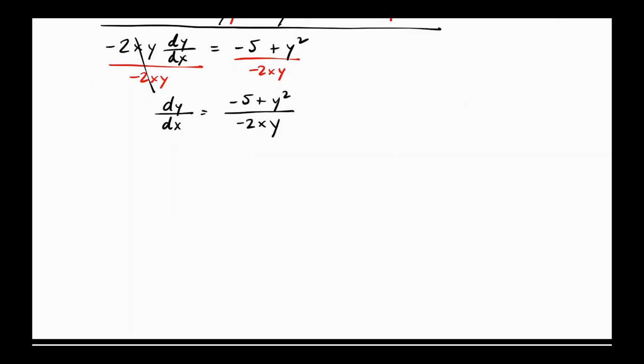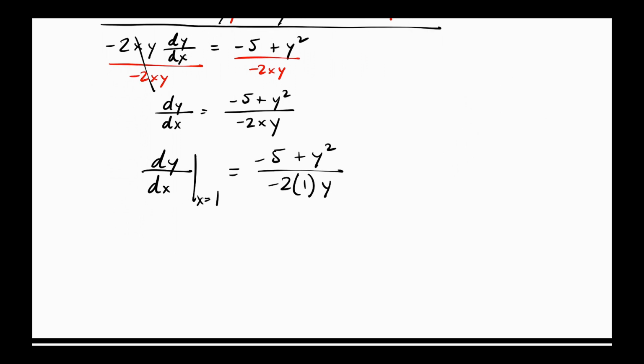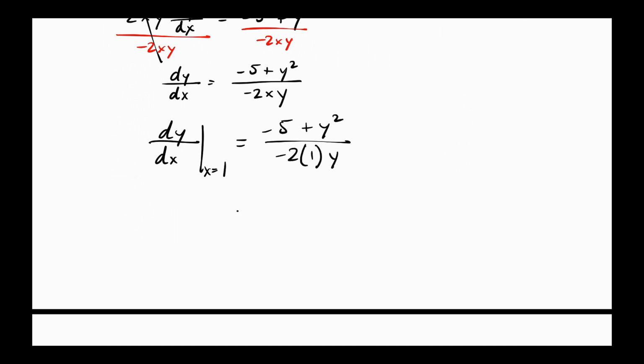Plug it in. Anywhere there's an x, plug it in. So I have dy over dx when x equals 1. Okay. So I have -5 plus y squared over -2, plug in 1, times y.